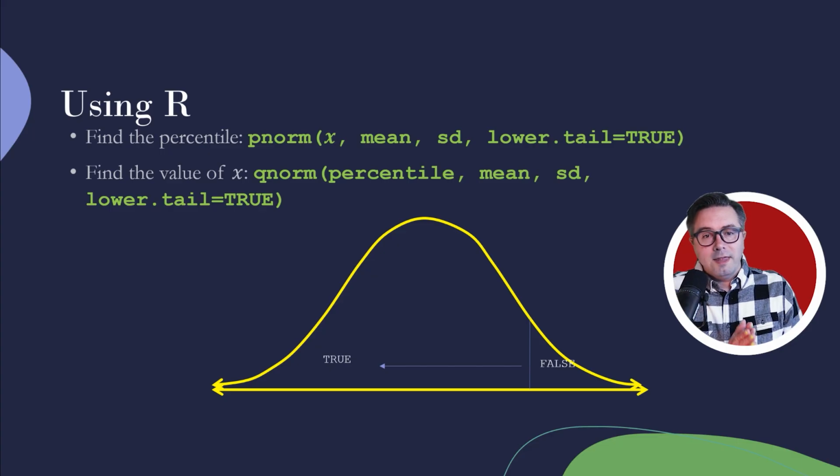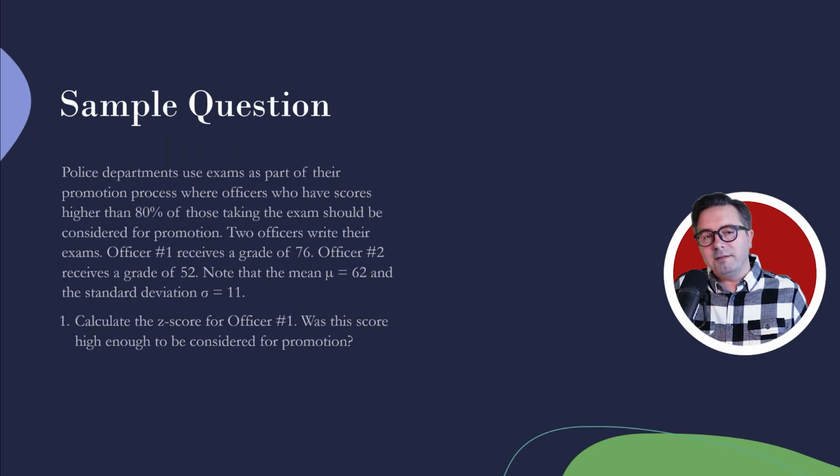Lower tail true and lower tail false refer to the direction, either to the left or to the right of our value, for the area underneath.